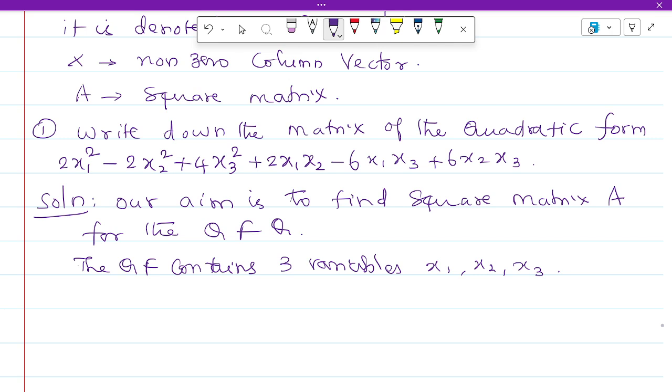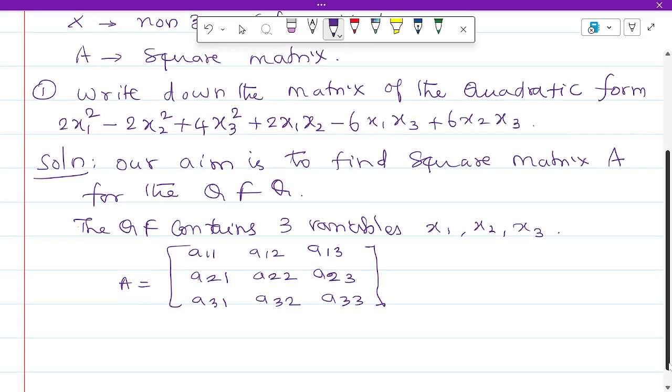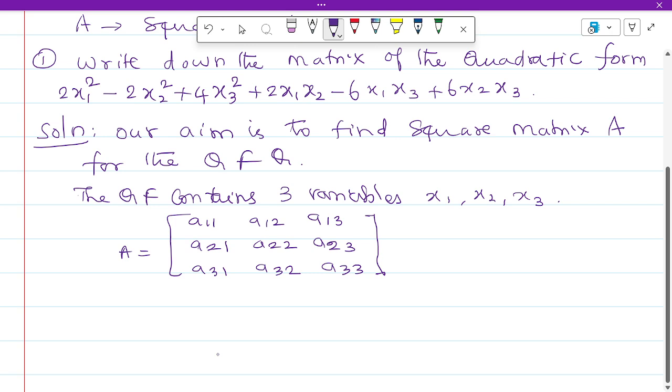So you will get the matrix in the format of A11, A12, A13, A21, A22, A23, A31, A32, A33. Those who attended the last class can understand this concept very easily, but those who are new, you have to concentrate here on how to find this.